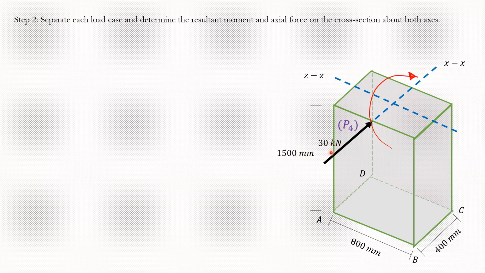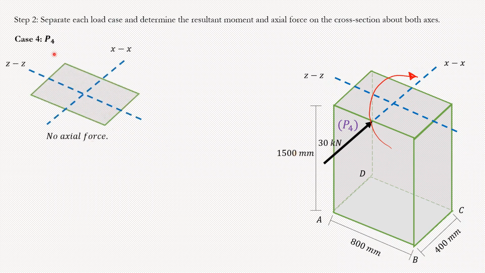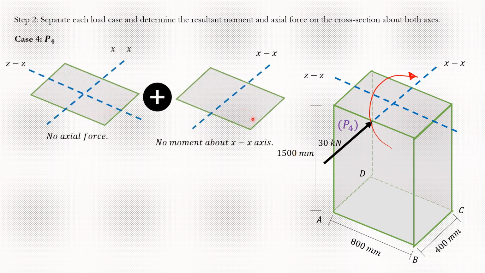But again, as we talked about previously, lateral loads do not create any axial forces. So the axial force will be 0 here, as you can see. And the moment about the XX will be 0 as well. It's the moment about ZZ, right? The force is applied in the XX direction, but the moment is about the ZZ axis.